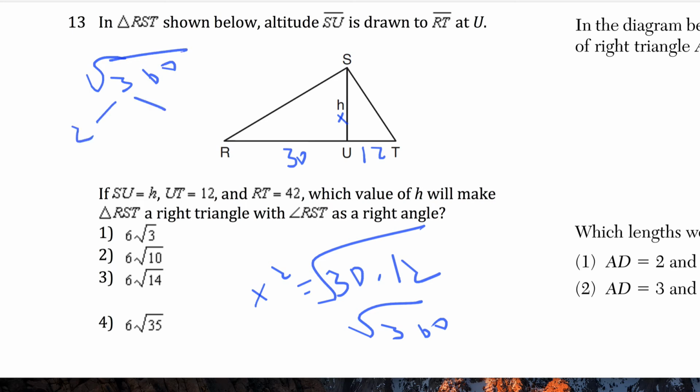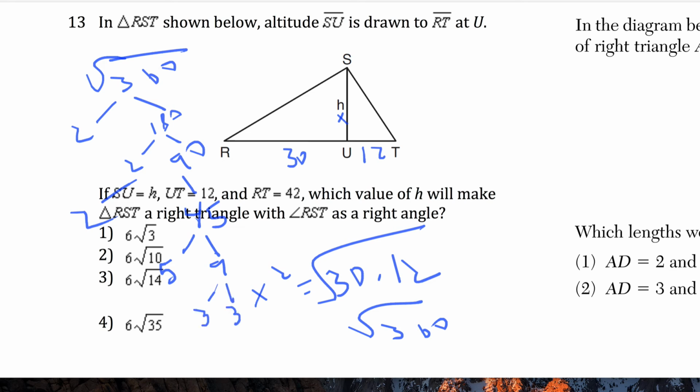Divide by 2, divide by 2, should get 180, right? Divide by 2, you get 90. Divide by 2, you get 45. Now you can't divide by 2 anymore, so you would divide by 5 and 9, and 9 you would get 3 and 3.